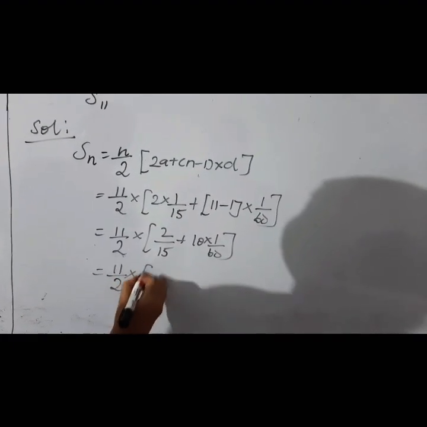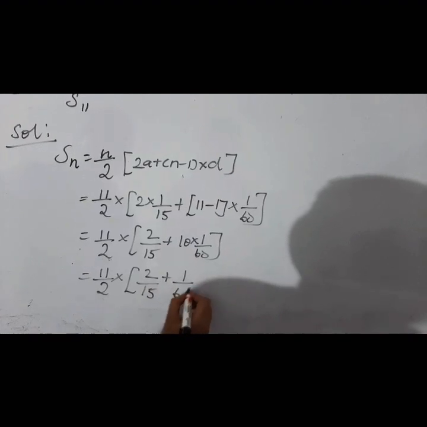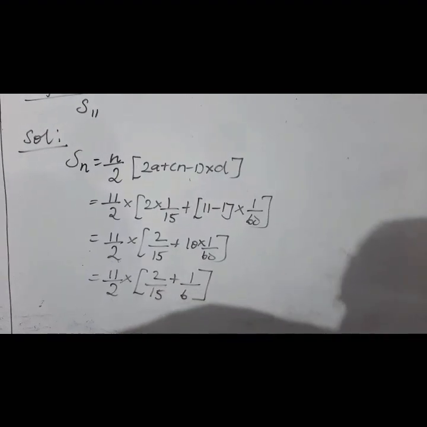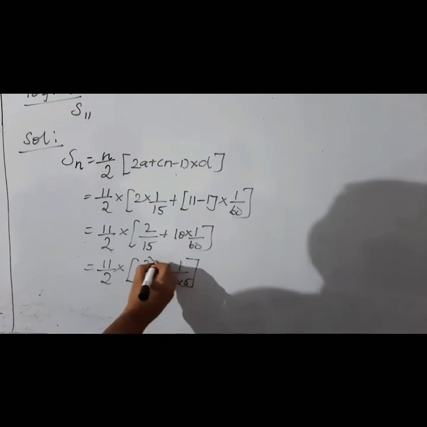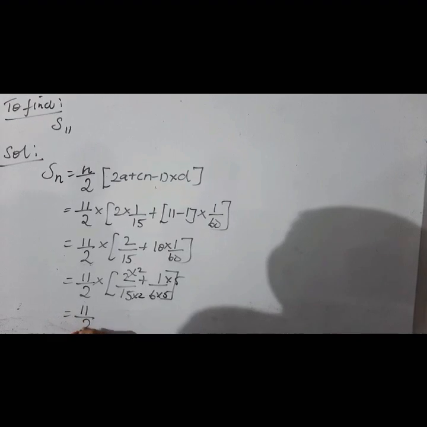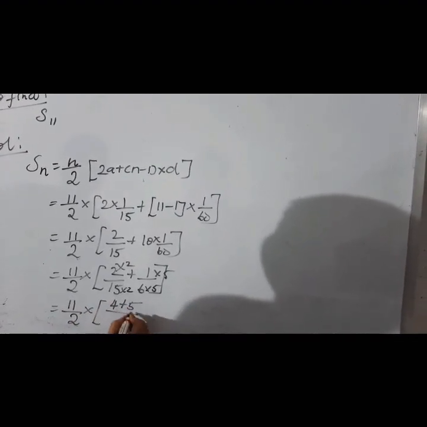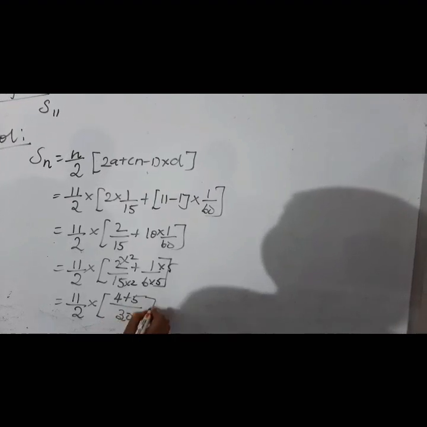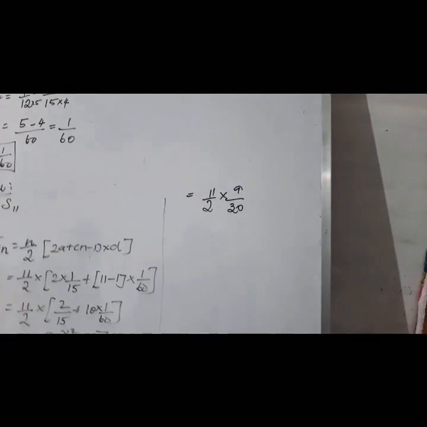11 by 2 into (2 by 15 plus 1 by 6). Take LCM for these two terms, which is 30. That is equal to 11 by 2 into (4 plus 5) by 30, 11 by 2 into 9 by 30.